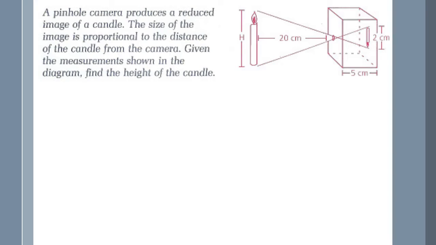Okay, so a pinhole camera produces a reduced image of a candle. The size of the image is proportional to the distance of the candle from the camera. Given the measurements shown in the diagram, find the height of the candle.